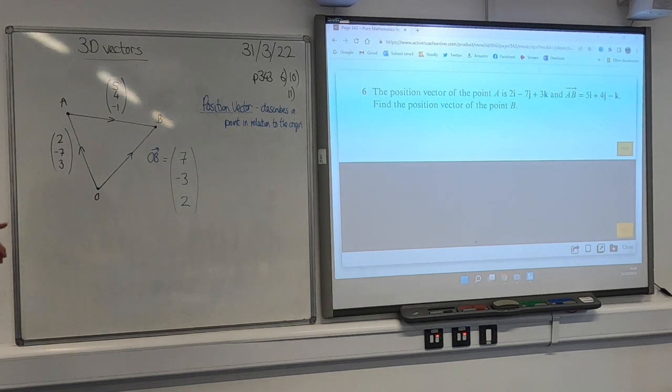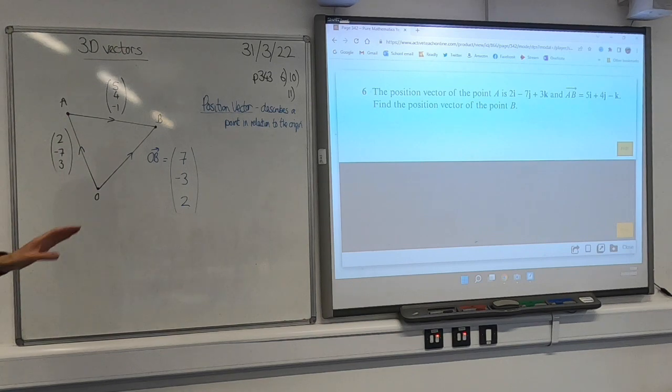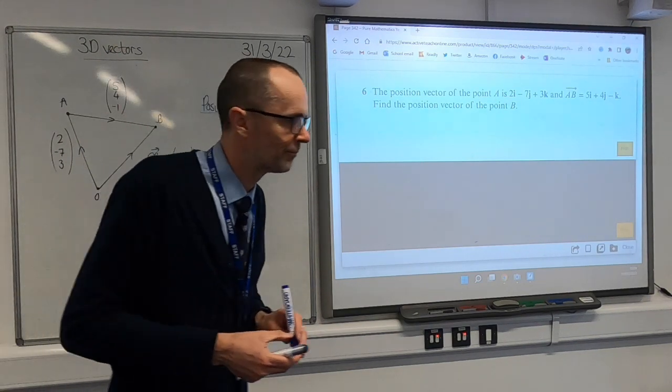So how do I get from O to B? Well, I can get from O to B by going up there, which is in the right direction, and across there, which is in the right direction. So that gives me my answer.